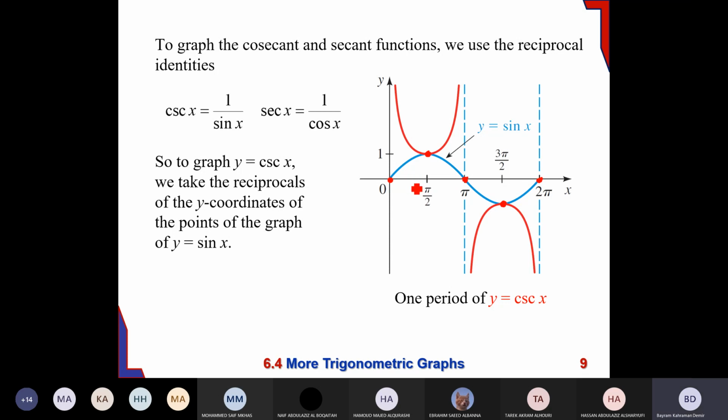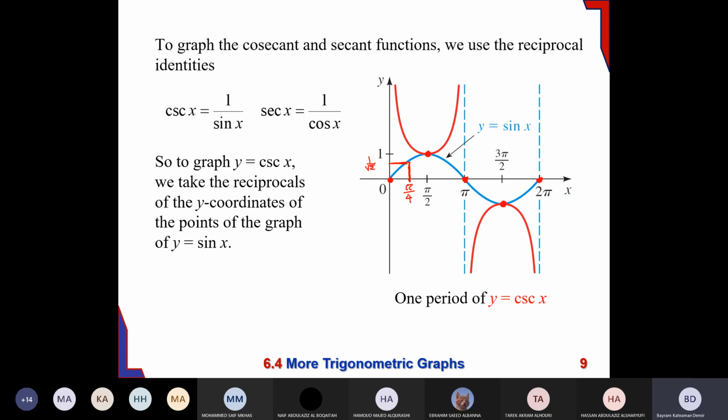Let's try another number. Let's try pi over 4, right here. And what is sine of pi over 4? Do you guys remember? Root 2 over 2, that is, 1 over root 2.